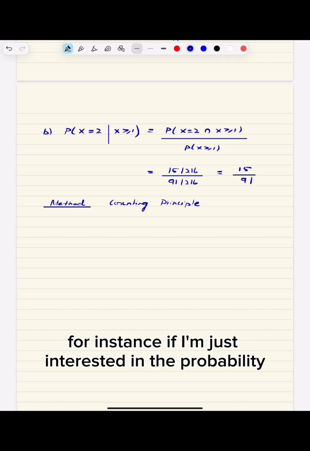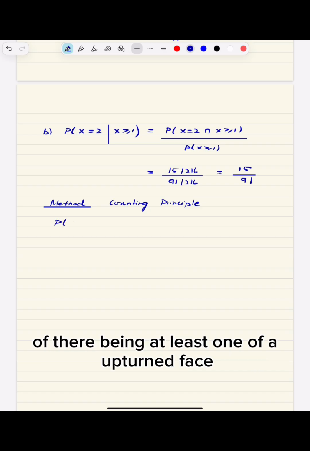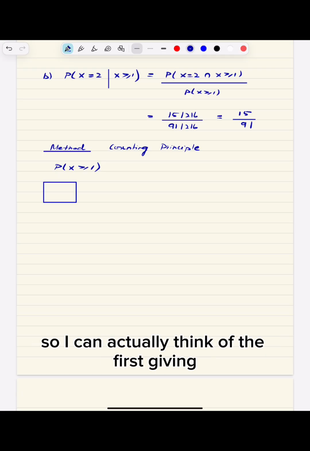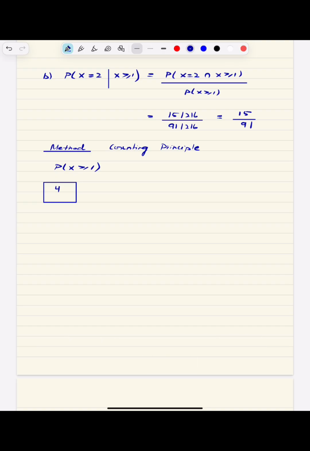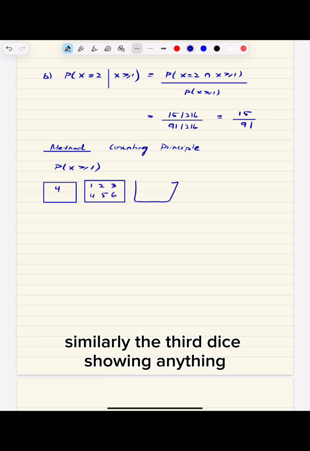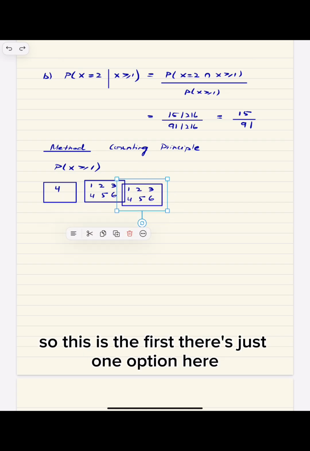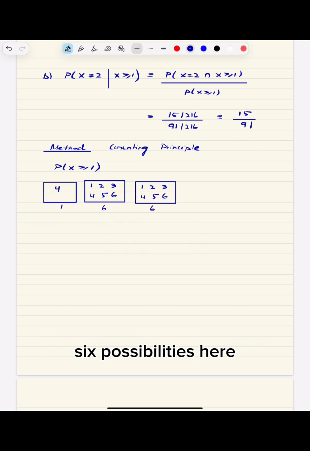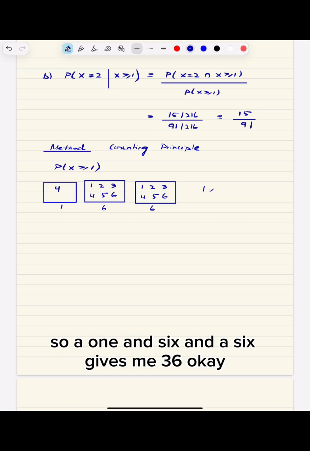For instance, if I'm just interested in the probability of there being at least one upturned face that shows a 4, I can actually think of the first being restricted to a 4, and then the other ones can be anything. Similarly, the third dice showing anything. So this is the first, there's just one option here. There's 6 possibilities here, 6 possibilities here. So 1 times 6 times 6 gives me 36.